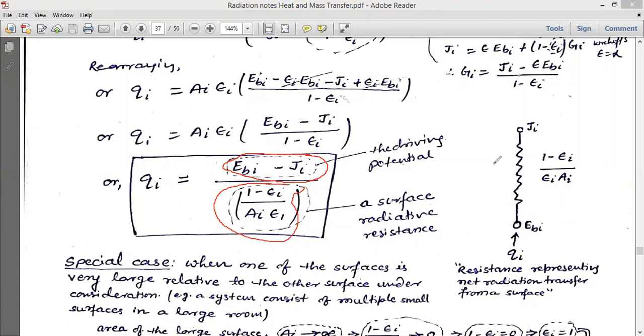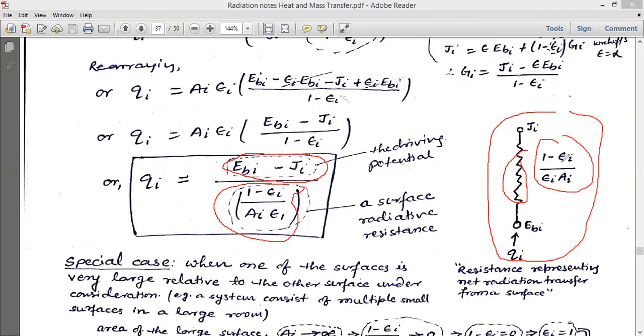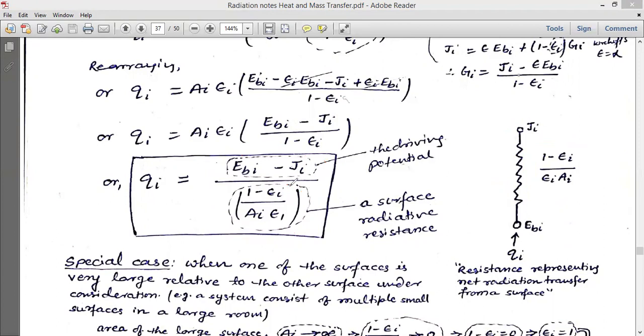So we can draw an equivalent radiation circuit, which will have the potentials EBI and Ji, and this will be the equivalent surface resistance. What does it signify? It is a very useful result that we have got here.